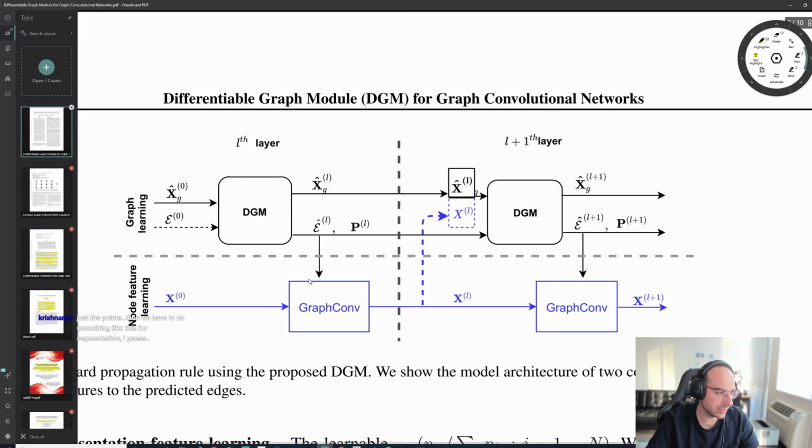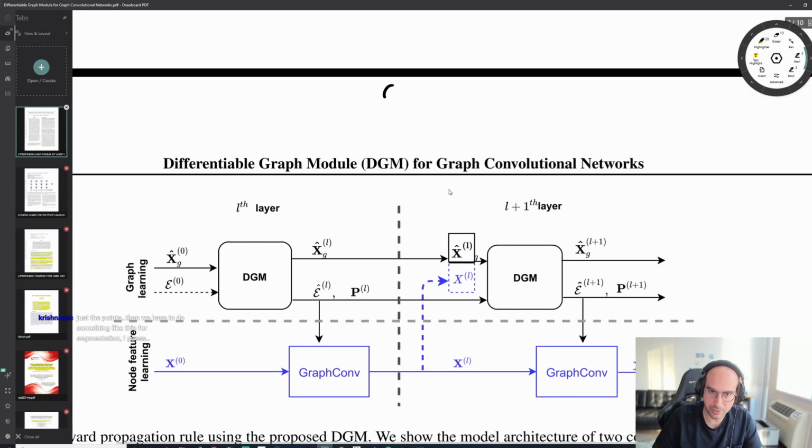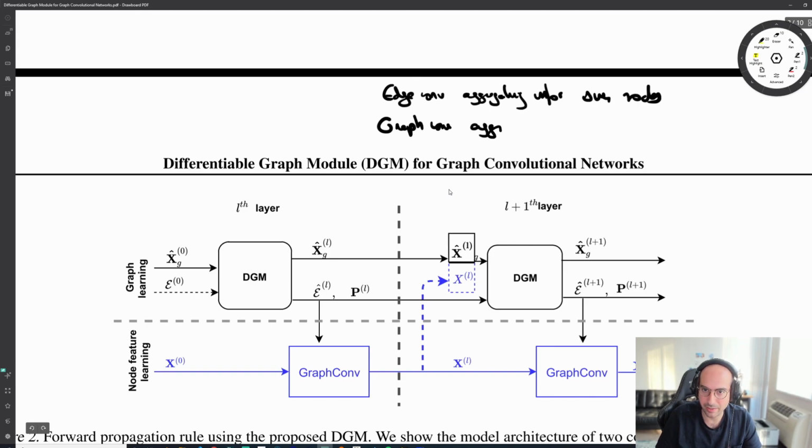The difference between an edge convolution and a graph convolution is, think of it this way: when you're using edge convolutions, you're basically aggregating info over nodes, and then GraphConv is aggregating over graphs, right? So basically, we learned the graphs.